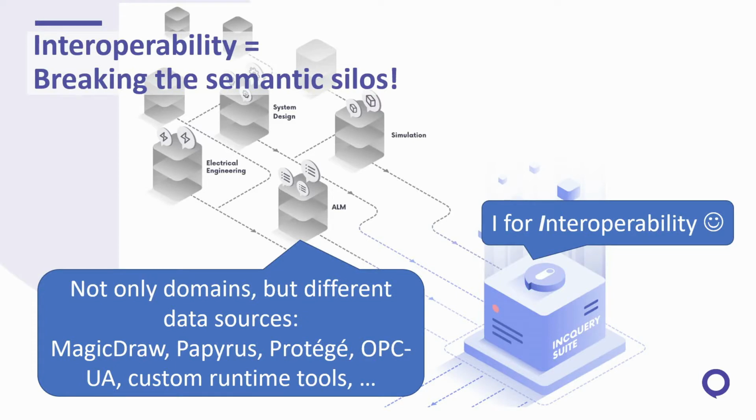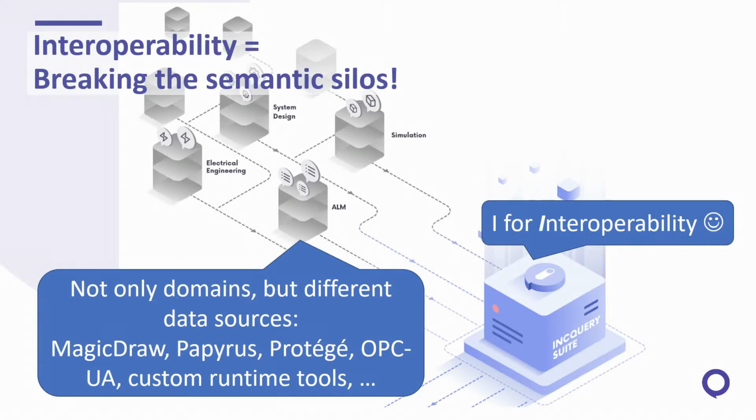Before we jump into the live demo, note that these silos can not only represent domains, as in this original picture, but also data flowing in from different sources, such as system models coming from MagicDraw or Papyrus, ontologies designed in Protege, runtime data from your devices aggregated on an OPC UA server, or custom runtime tools built on top of or outside the Arrowhead platform.